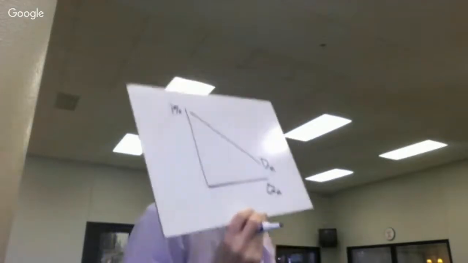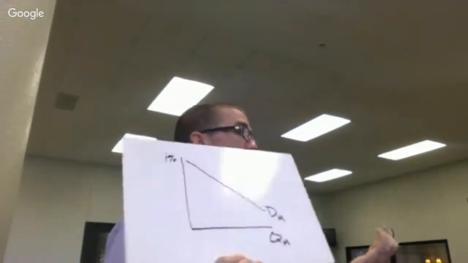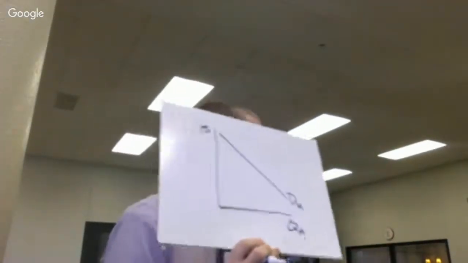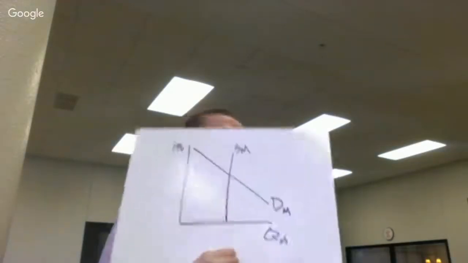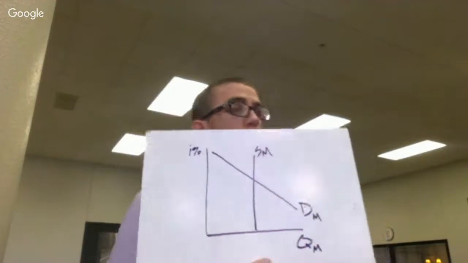Who controls the demand of money? We do, everybody, right? People, government, anybody that would demand or want to hold on to money. Supply of money is different. It's vertical. Who controls the supply of money? The Federal Reserve. Why is it vertical?